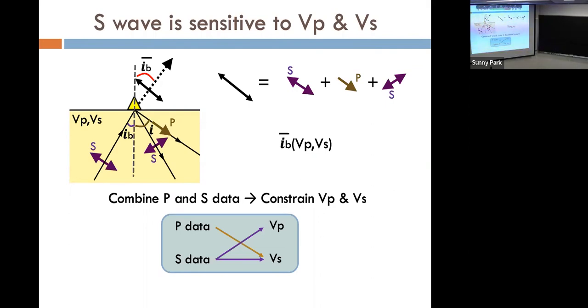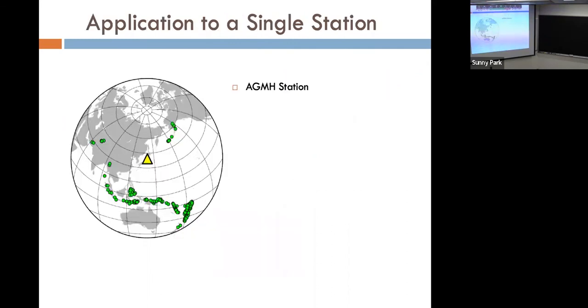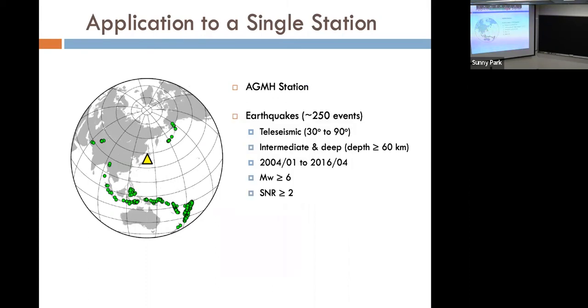So let's try and apply this to real data. Let's look at a seismic station that's sitting in Japan, called AGMH station. We're going to use all these green dots, those are the earthquakes.